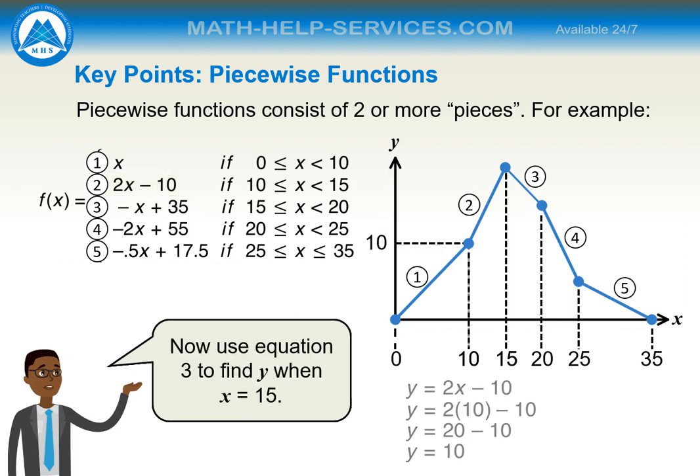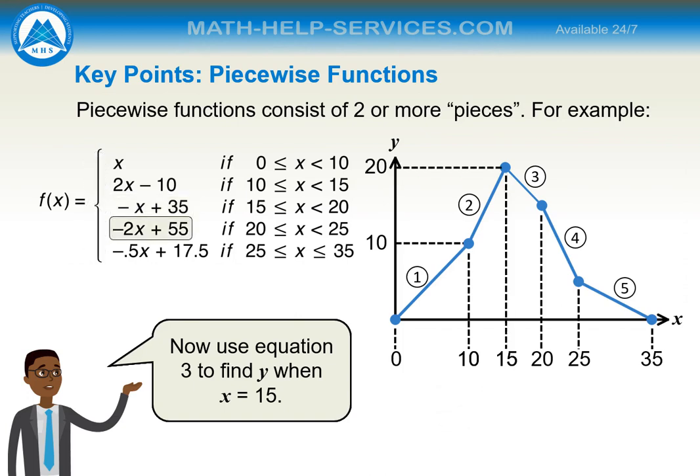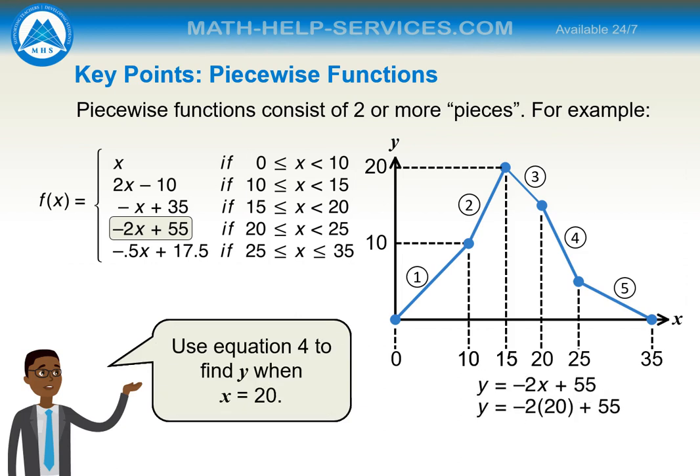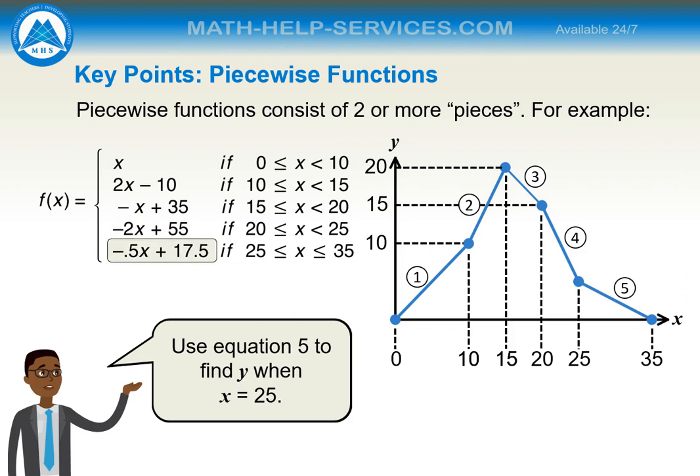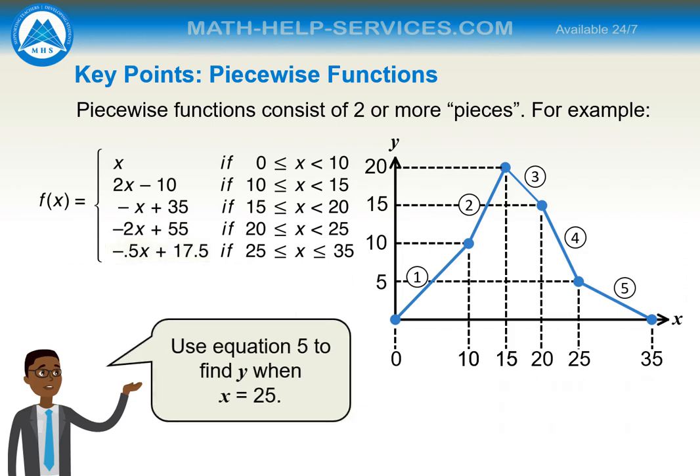Now use equation 3 to find y when x is 15. Substituting and simplifying, we see that y is 20. Use equation 4 to find y when x is 20. Substituting and simplifying, we see y is 15. And use equation 5 to find y when x is 25. Substituting and simplifying, we see y is 5.